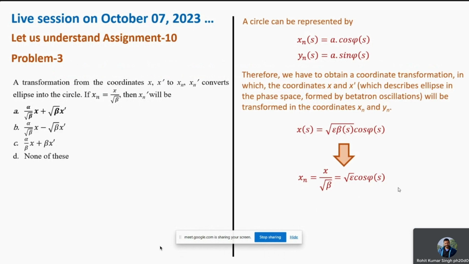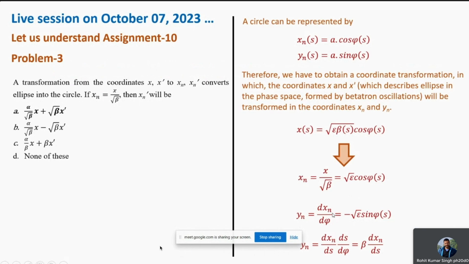You can get that if you differentiate this x with respect to phi, then you will get another coordinate yn, minus under root emittance sin phi. Meaning dxn by d phi, n is subscript here, which is the new coordinate.